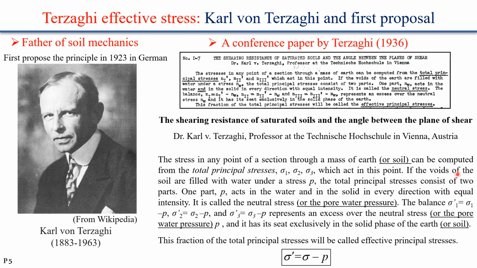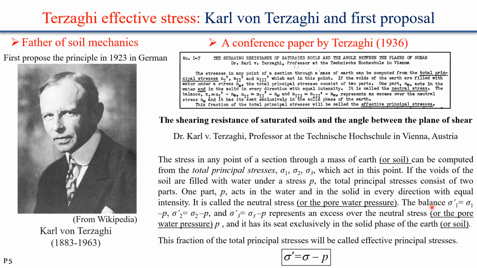If the voids of the soil are filled with water under stress p, that means a fully saturated condition, the total principal stresses consist of two parts. One part, p, acts in the water and in the solid in every direction with equal intensity and is called the neutral stress, or as more commonly addressed nowadays, the pore water pressure.